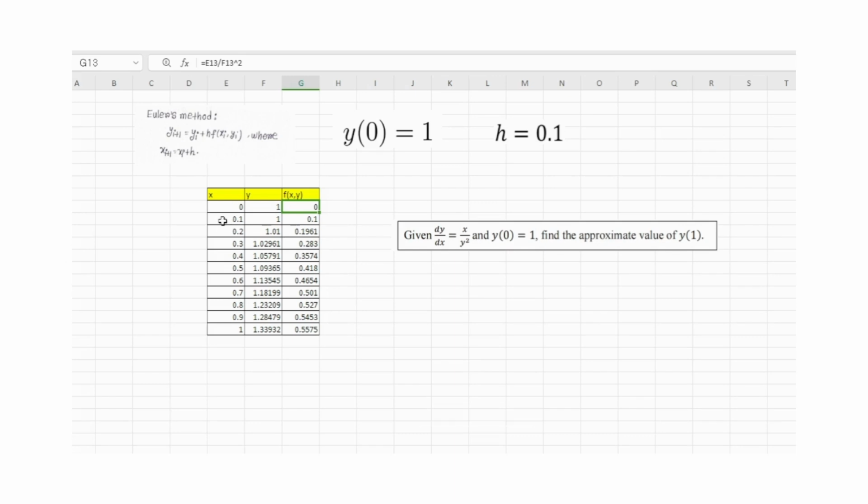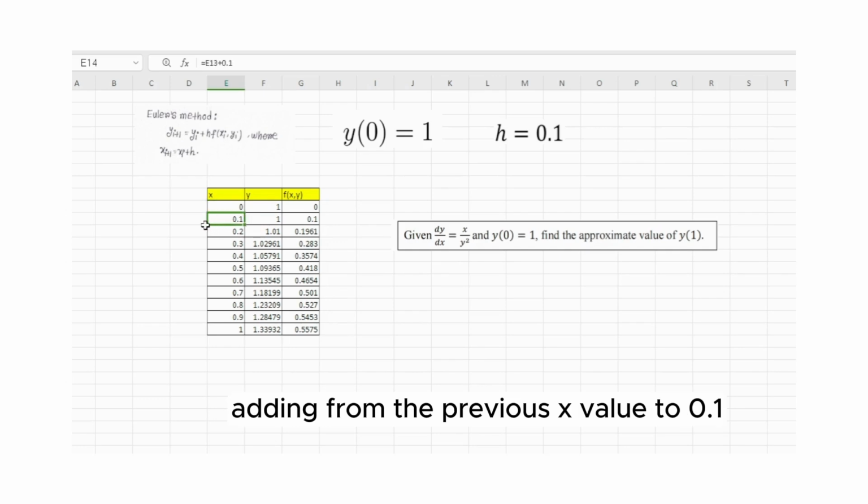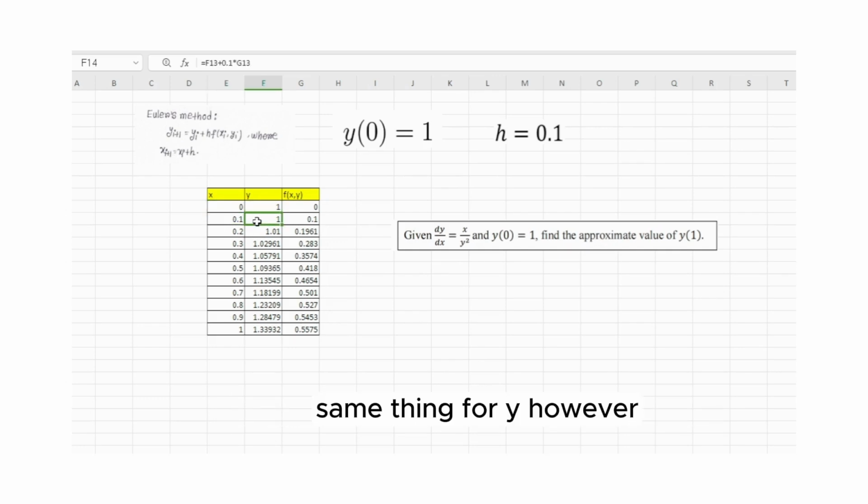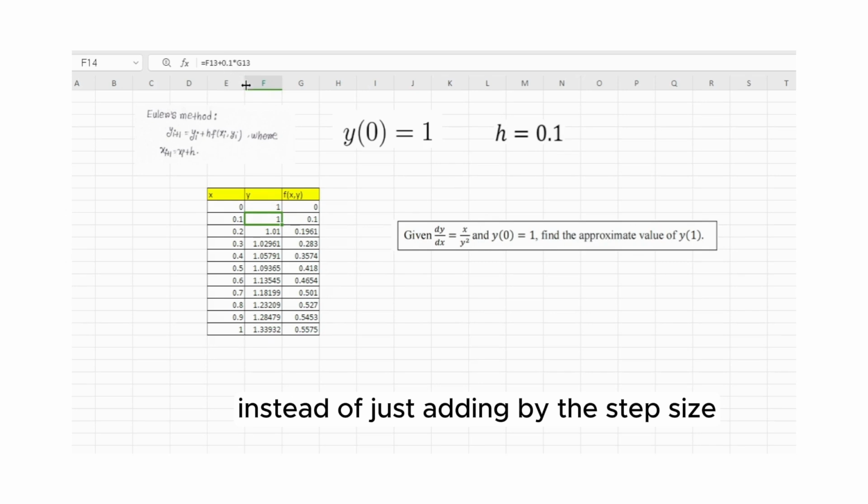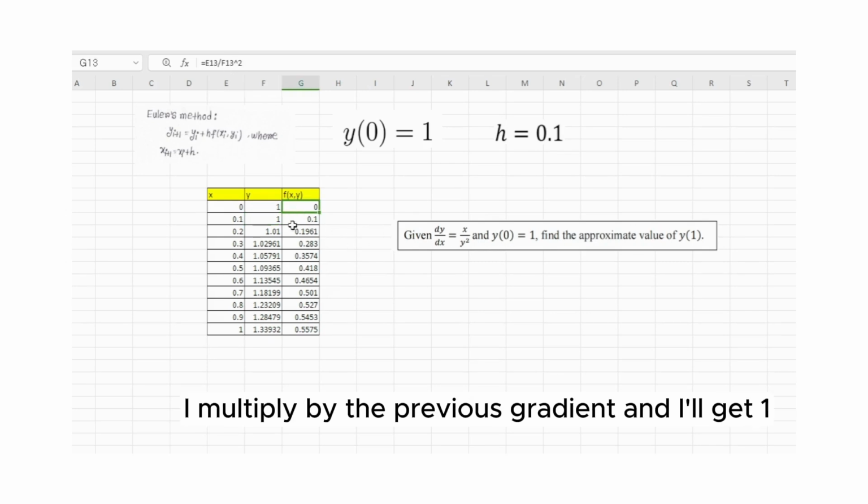And then in this cell I'll increase the x value by the step size, adding to the previous x value, which will be 0.1. Same thing for y, however instead of just adding the step size, I'll multiply by the previous gradient and I'll get 1.